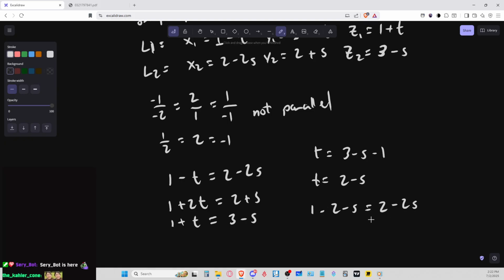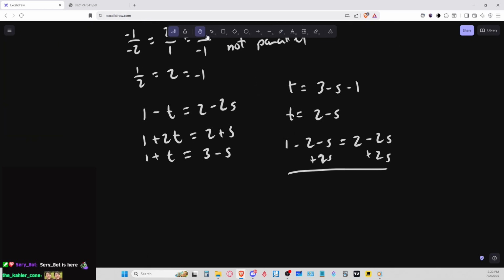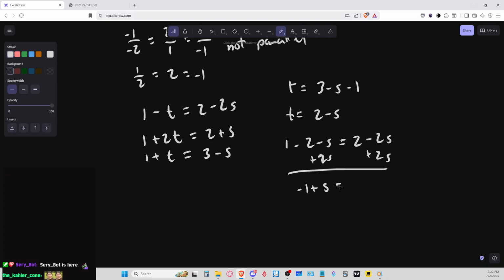So we have -2. So let's add 2s on both sides. I'll bring this up so you guys can see it better. That would be -1, positive s, and then 2 on this side, and then +1. So s is equal to 3. So now that s is equal to 3, now we can just solve these two.